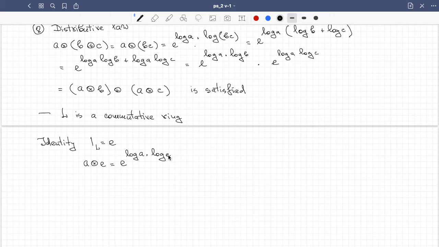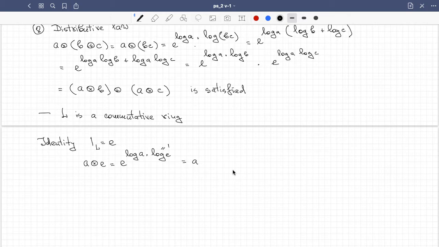Now, what is log e? Log e is 1, so log a times 1 is log a. E to the log a is a, which means that indeed the number e plays the role of identity in this ring.